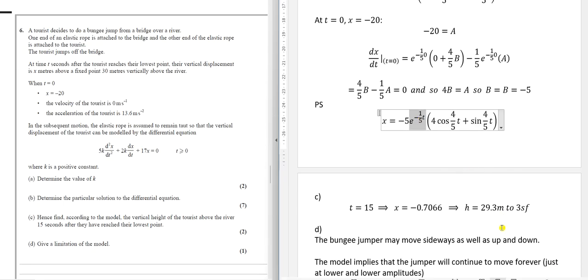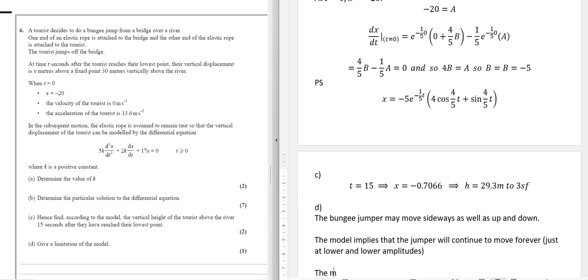So it still seems like a reasonable approach for a model. It does seem to imply, however, if you think about the long-term behavior, that x tends to 0.